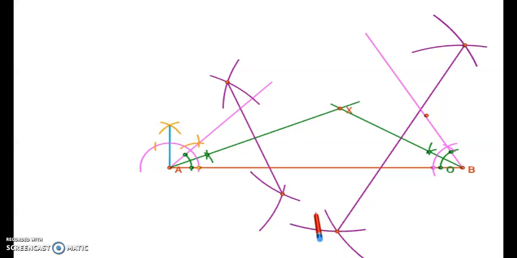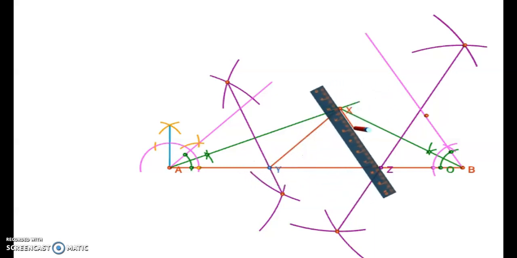Let us mark these 2 points. Let us mark this point as Y and Z. Join XY, join XZ.